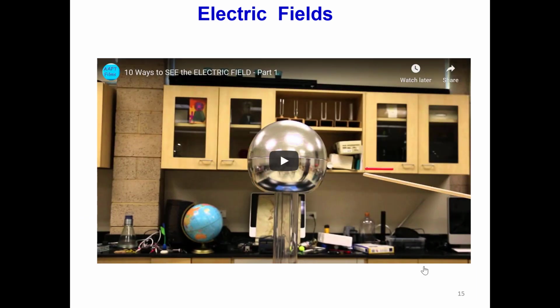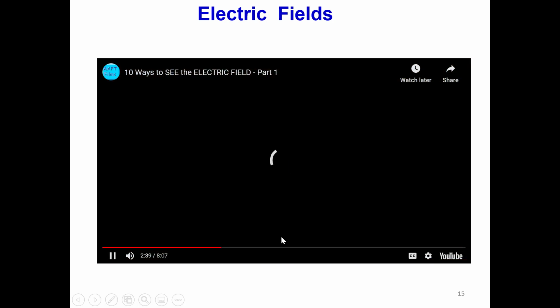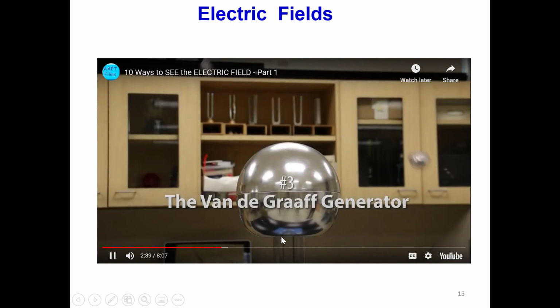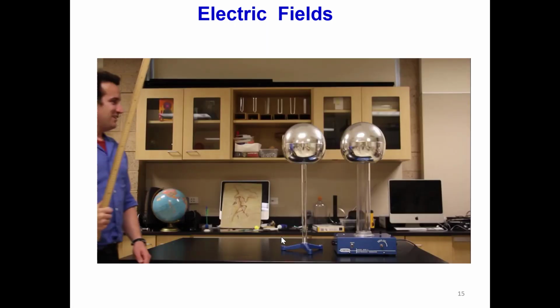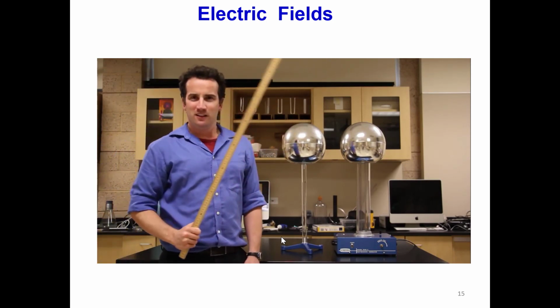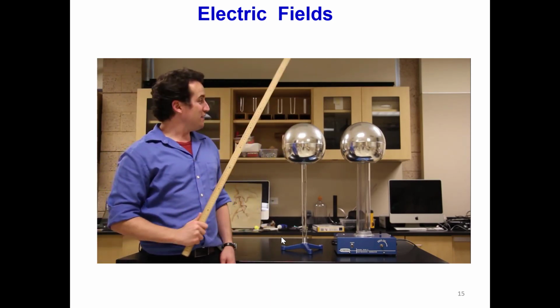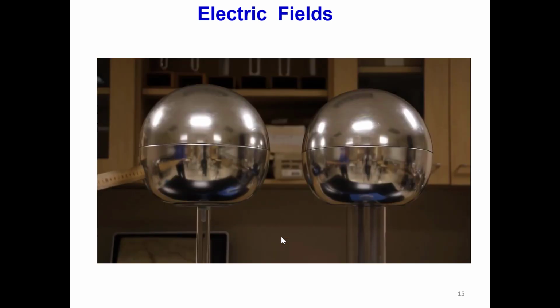In this video, we are going to observe how electric charge can change the space around it. This means we are going to observe the effect of the electric field. The Van de Graaff generator is a must-have when teaching electrostatics and the electric field.